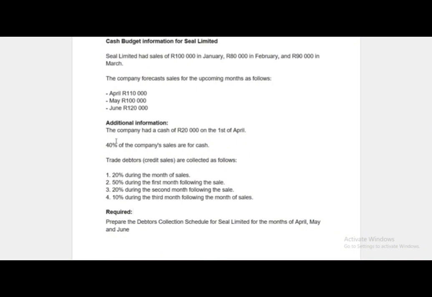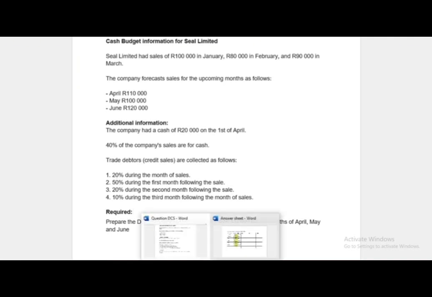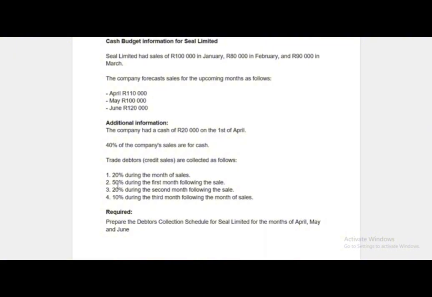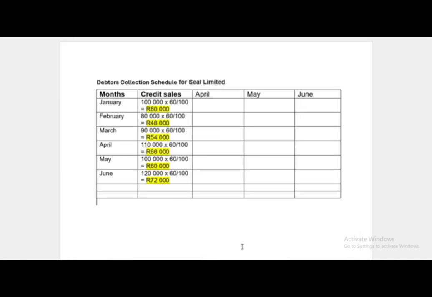So now I want us to start with the month of January, right? And check if, for the month of January, there is any policy requirement that will also affect the months of our debtors collection schedule, right?